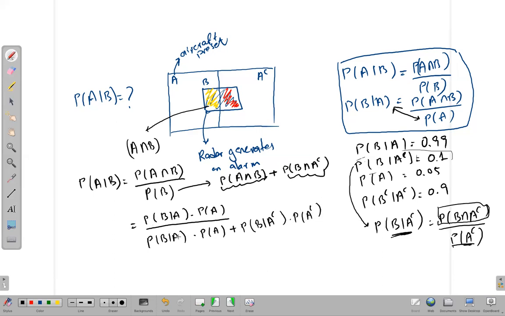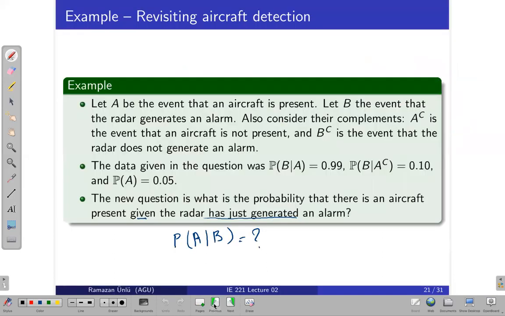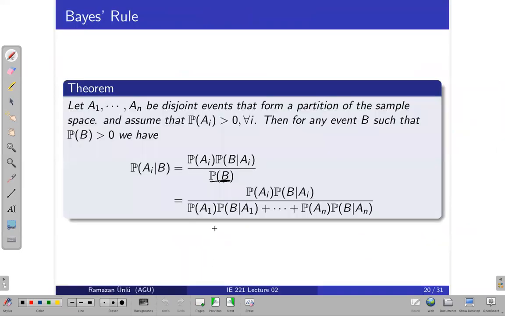So this is exactly what the Bayes theorem is. You can double check this part.